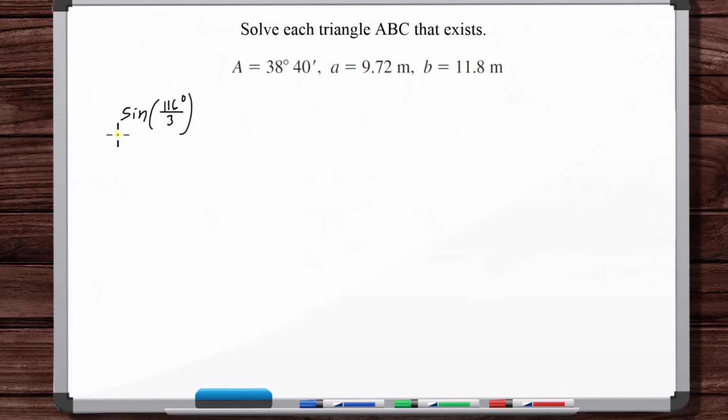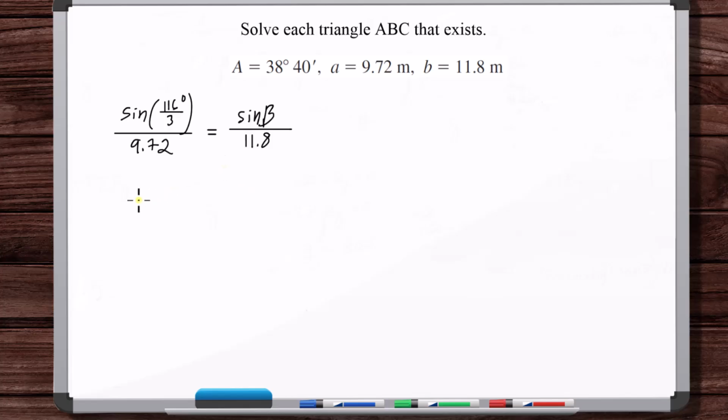Okay, over the side length opposite of that, 9.72. It's equal to, and then here's the adjacent side, so 11.8. And then opposite that is sine of B. That's the angle of interest.